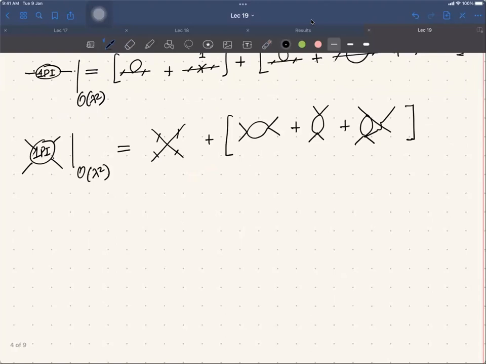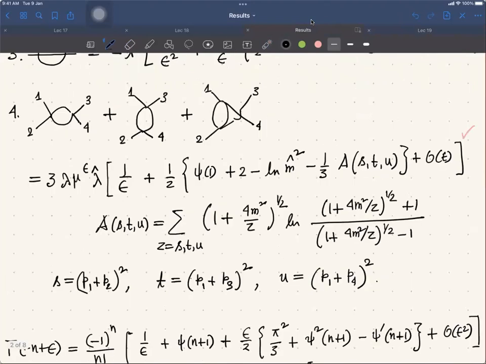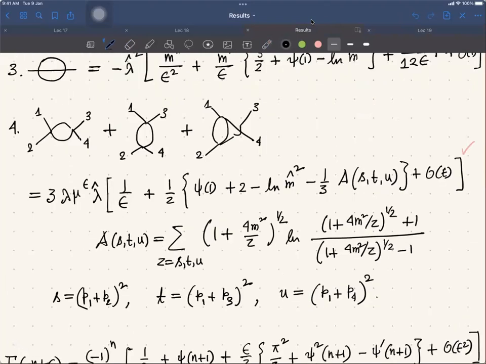Now, of course, this first diagram is given by the vertex factor minus lambda mu to the power epsilon. And these three together, we had this result, where we have 1 over epsilon pole, and the rest is a finite term.